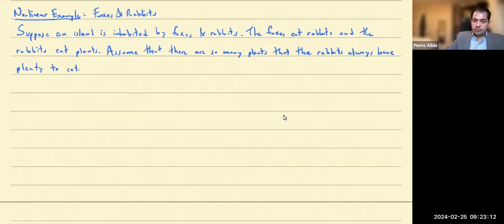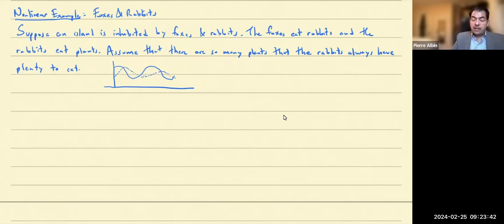Okay, so then what's going to happen, right, is we're going to have, say, the rabbit population oscillating, with the fox population oscillating similarly, but with some sort of delay.